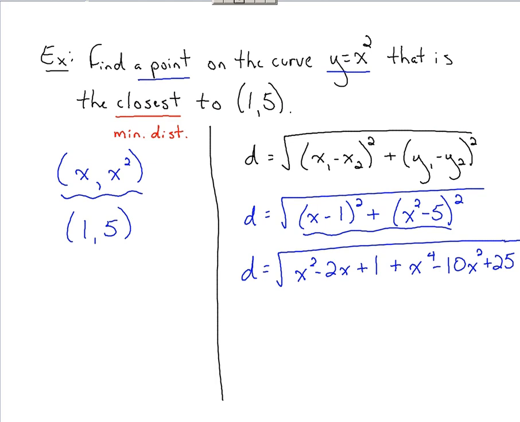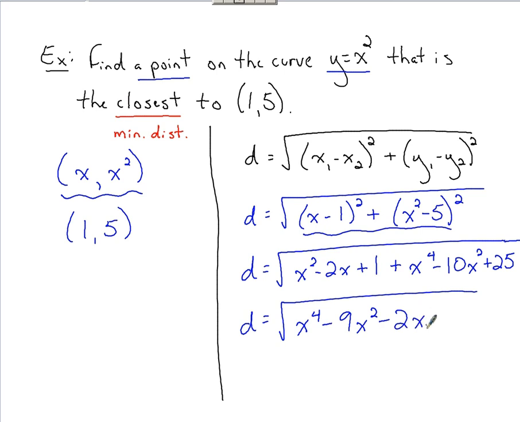Let's put together what I can here. Going in order, start with my highest power of x. I've got x to the fourth. Then we got some x squared. Looks like we got minus 9x squared here. X's, we've just got a 2x, minus 2x.